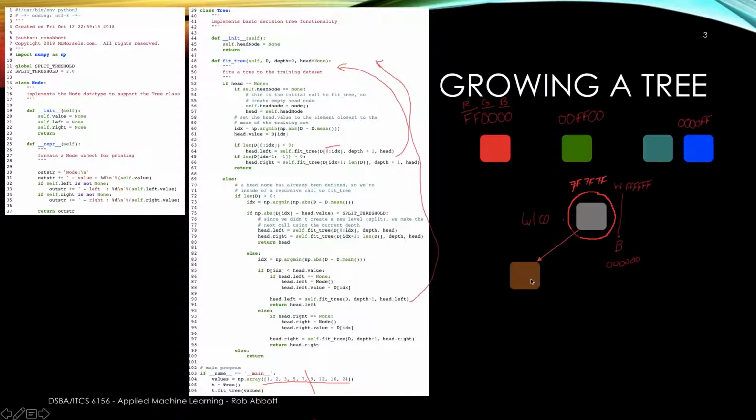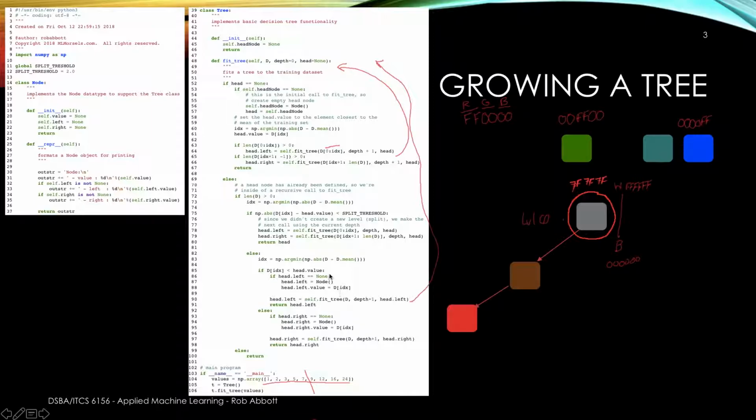And then, since we created it to the left, we recurse left again with the remaining values of D. And surprise, there's only one value in there, and that's red. So now we create our next child node to the left. In this data set, there's no more training elements to the left of red.